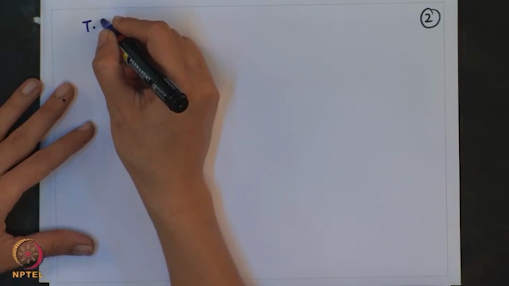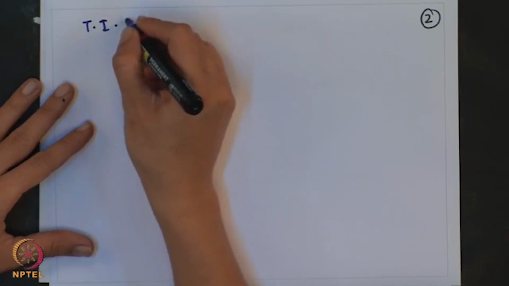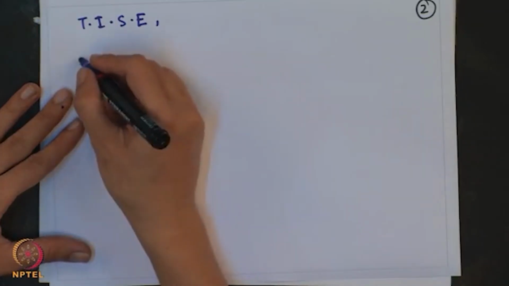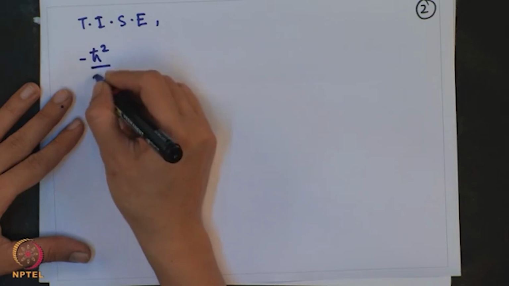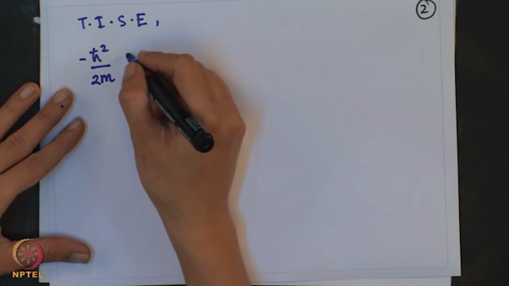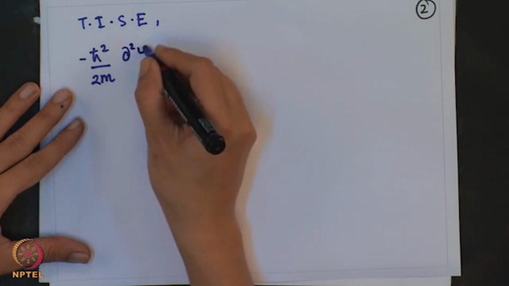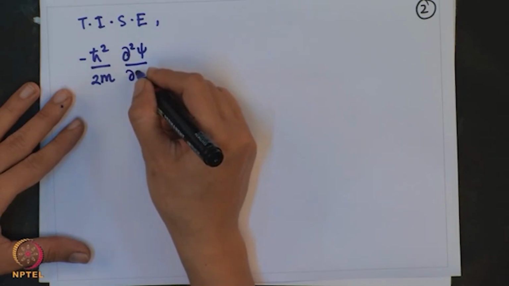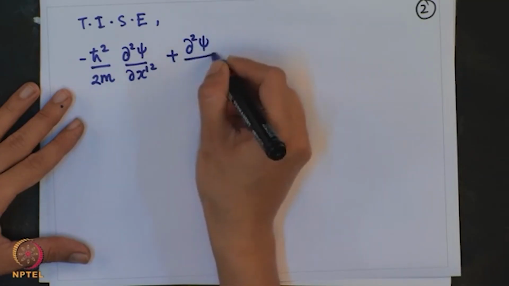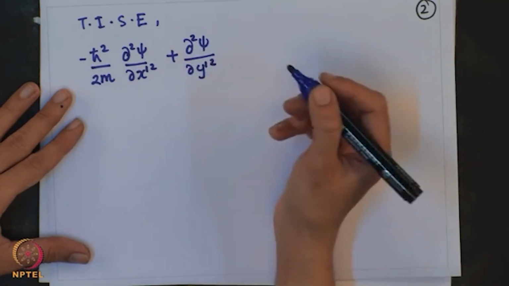Now, in the next step, we will write the time independent Schrodinger equation. I am using a shorthand notation. The time independent Schrodinger equation for a particle subjected to a 2-dimensional potential is minus h cross square upon 2m times d square psi by dx prime square plus d square psi by dy prime square, plus a potential term V, or let me write here 4a times x prime square plus y prime square, times psi of x prime comma y prime.